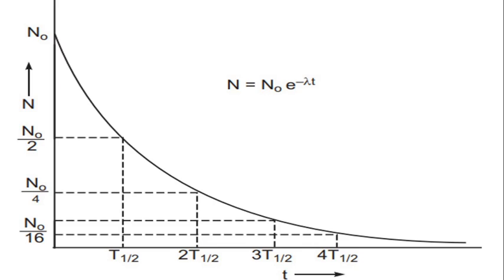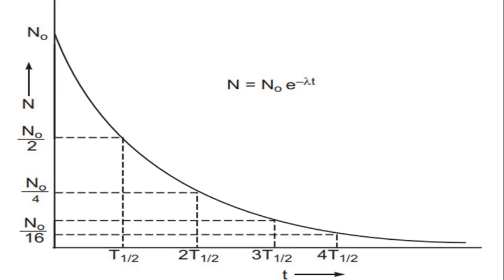On plotting the equation N is equal to N0 into e raised to minus lambda t, we will obtain a graph like this. You know this is an exponentially decreasing graph, isn't it? So we had taken small t along the x-axis and N along the y-axis. Initially you can see that the value of N is N0.